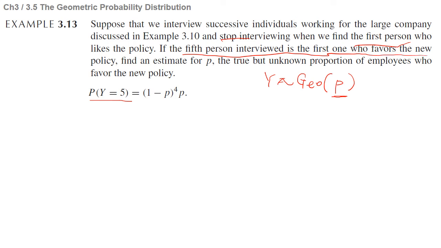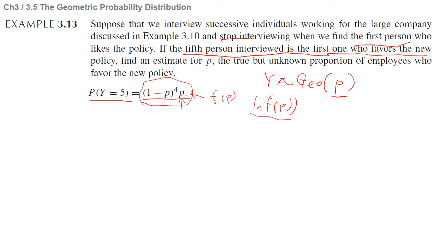So this is what we observed, and we'd like to estimate the p that maximizes this probability. To solve this, this function is f(p), and maximizing f(p) is the same as maximizing ln f(p). I mean, finding the p that gives the local maximum of this is the same as finding it for ln f(p).